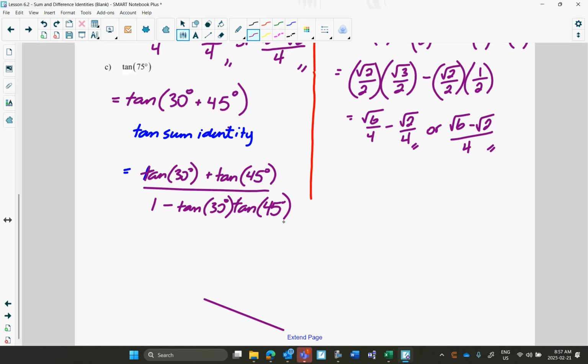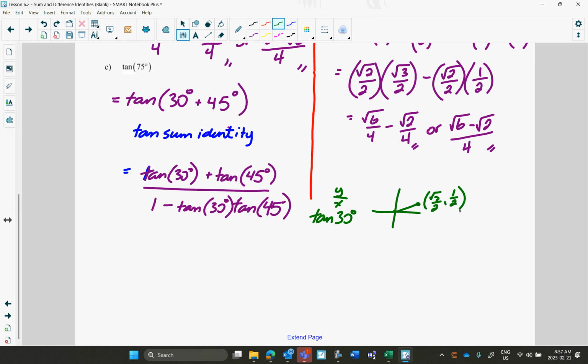Now we're going to use our knowledge of the unit circle. So I'm just going to go off to the side here, tan 30. Well, remember, that's y divided by x. So at 30 degrees, that's the one here, where we've got root 3 over 2, comma 1/2.